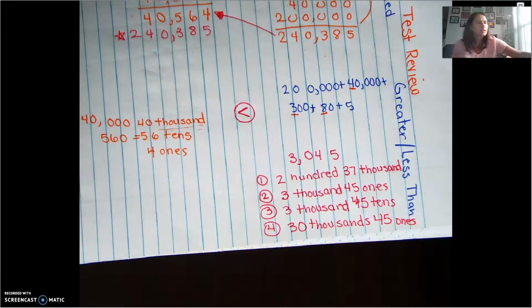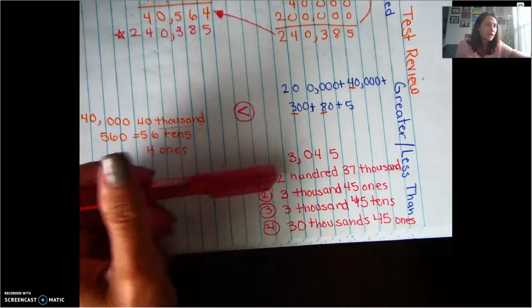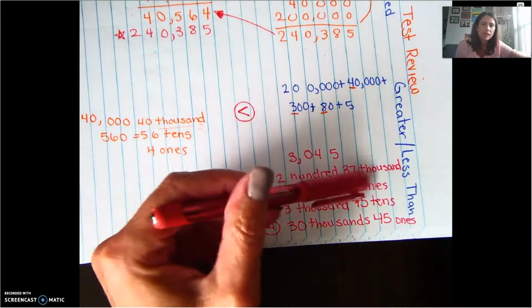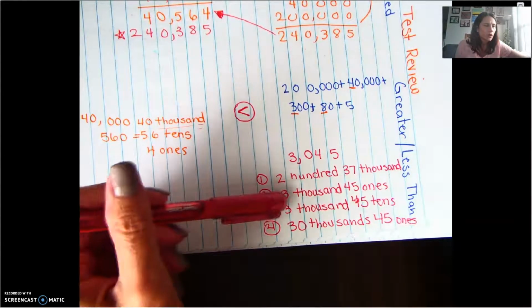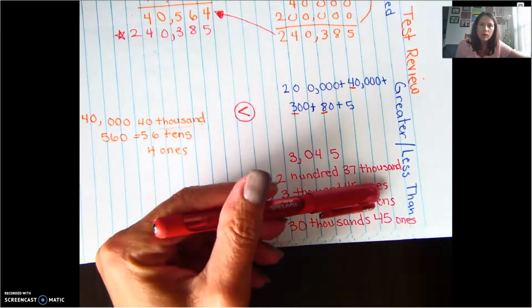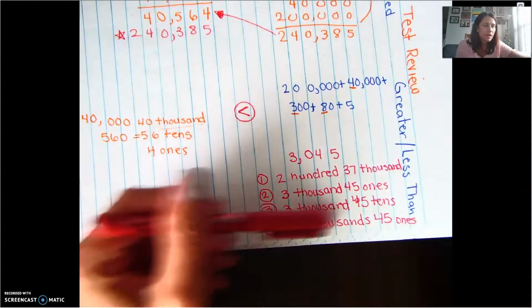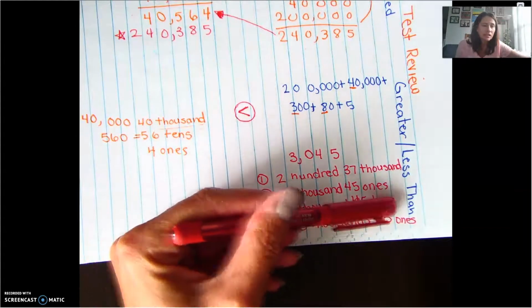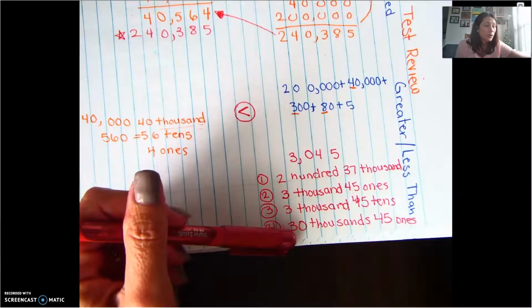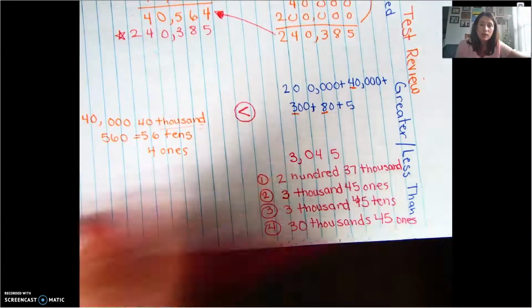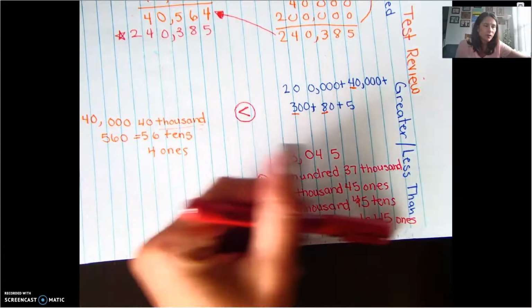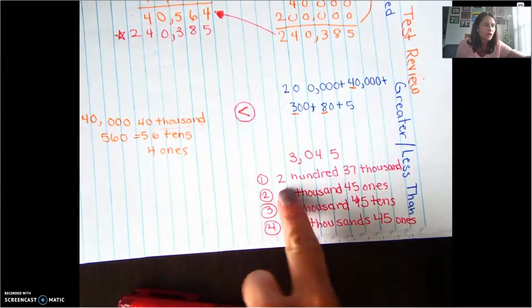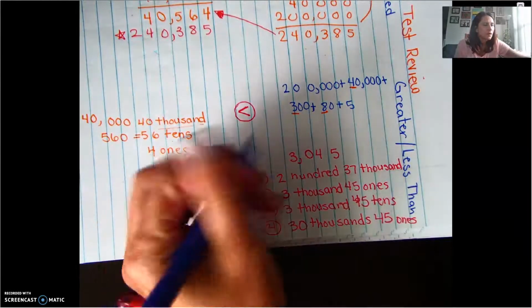All right, so this is our number. We've got to decide if it's 237,000, 3,045 ones, 3,045 tens, or 3,045 ones, or 30,045 ones. Well, right away, we know it's not 200, right?